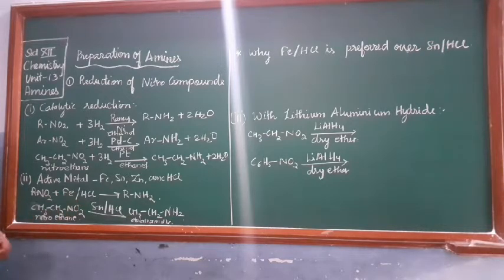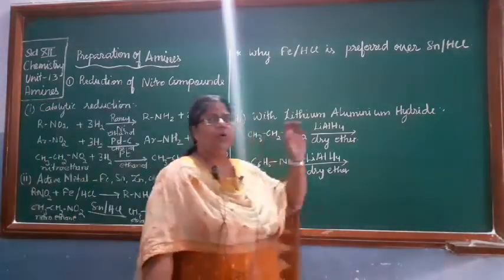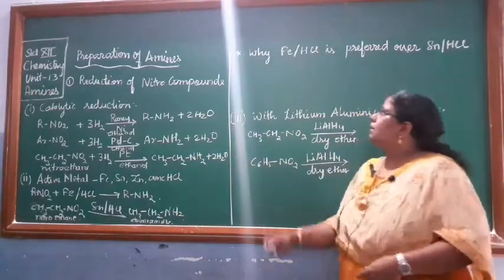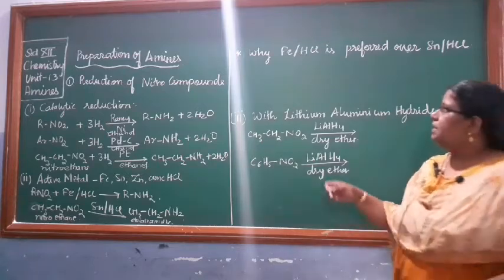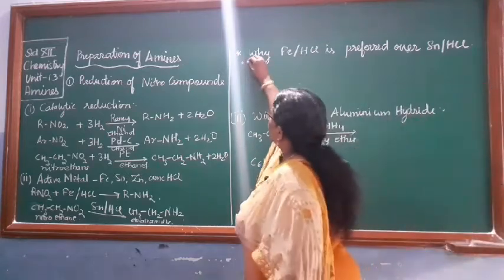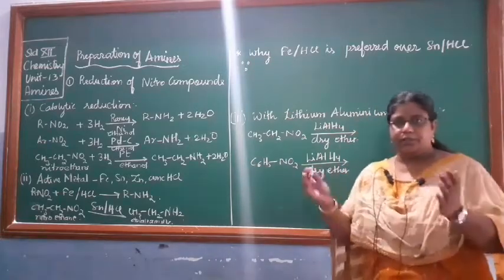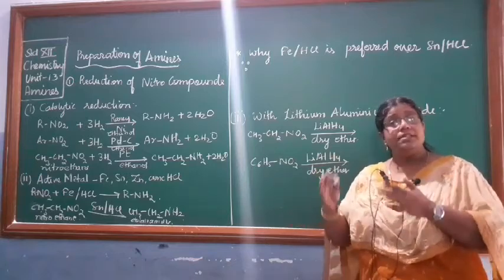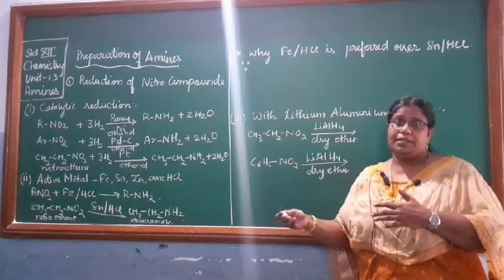So that way you can get the reduction carried out with the help of an active metal in presence of concentrated HCl. Now here a very important question comes. Why is Fe, HCl, or iron scraps in presence of HCl, preferred over Sn and HCl? That is because when Fe and HCl react they give FeCl2, and this FeCl2 on hydrolysis will give again the HCl.